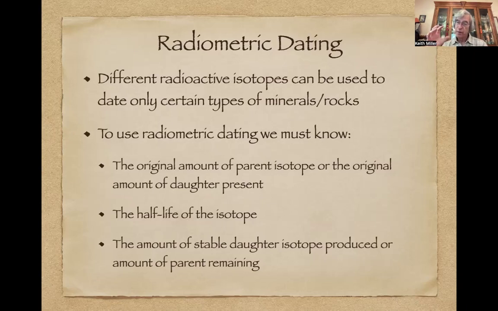So you have to have a crystal, a mineral, that when it's formed, essentially makes a cage around those radioactive elements and keeps them from being lost. Okay?